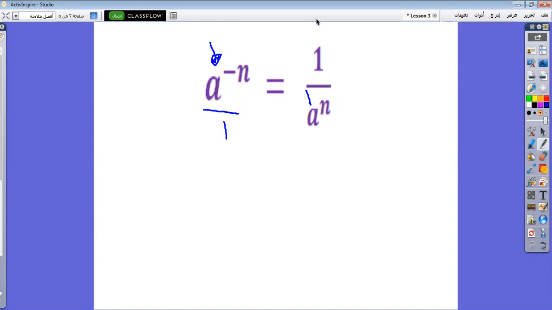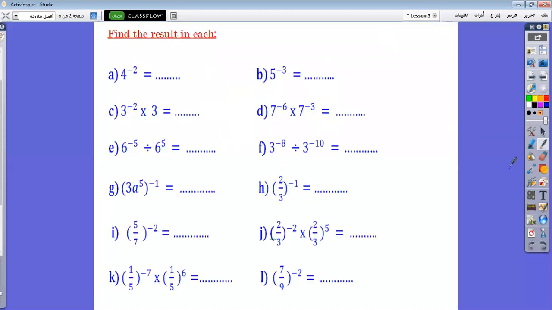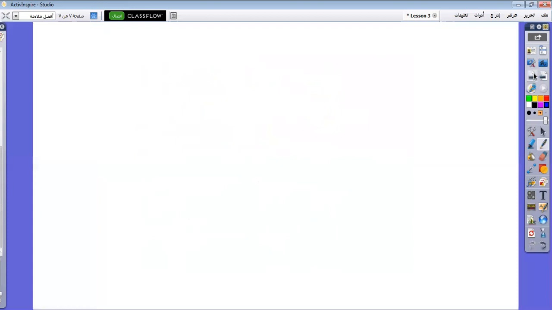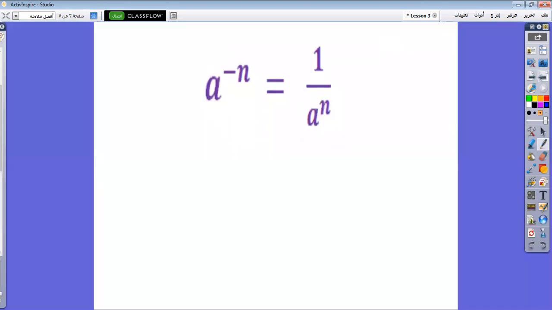I wanted to tell you where this rule comes from. For example, if you have 2 power negative 3, from this rule, I want the power to be positive, so I will make it 1 over 2 power 3.